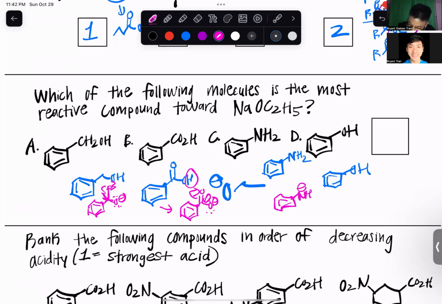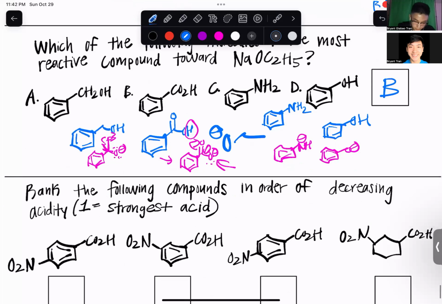The conjugate base of this is able to do resonance with the ring, but it is still less than the resonance of the carboxylate here, because this negative charge is able to do resonance with the carboxylic acid and also the benzene ring. Since there's more resonance, the conjugate base is more stable, making it a weaker conjugate base and therefore a stronger acid. So the most reactive towards the base would be the most acidic molecule, B.